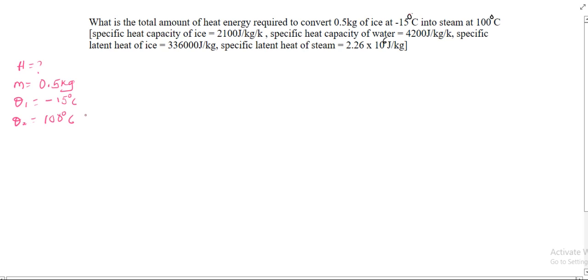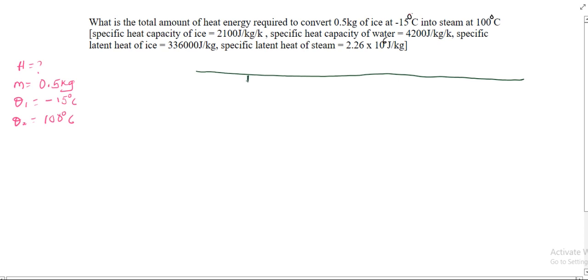Now this question is a very simple one, honestly. Let me draw a simple line for us to demonstrate this. Now let's take this as our temperature scale. Sorry that it's not that straight, my hand is not good at this. So we have been told that the 0.5 kilogram of ice is presently at minus 15 degrees Celsius, so our ice is here.